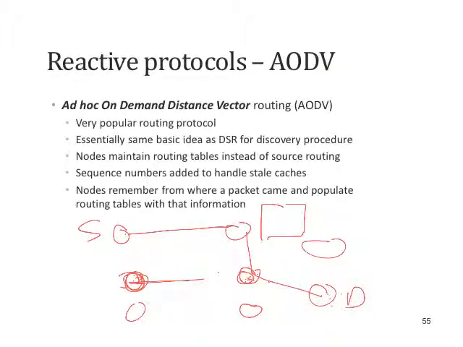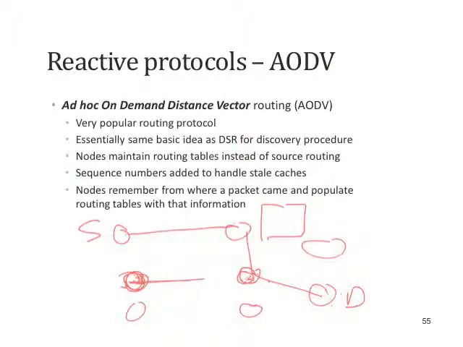So there is another issue here. Of course, AODV is a very popular routing protocol. This is the most popular routing protocol. That's why it's implemented in NS2. It's implemented in every single implementation about ad hoc networks.